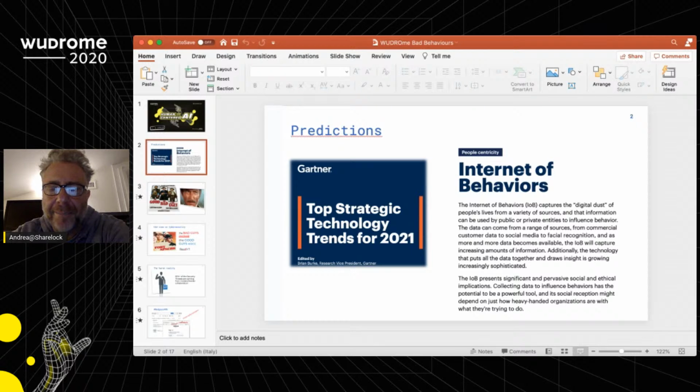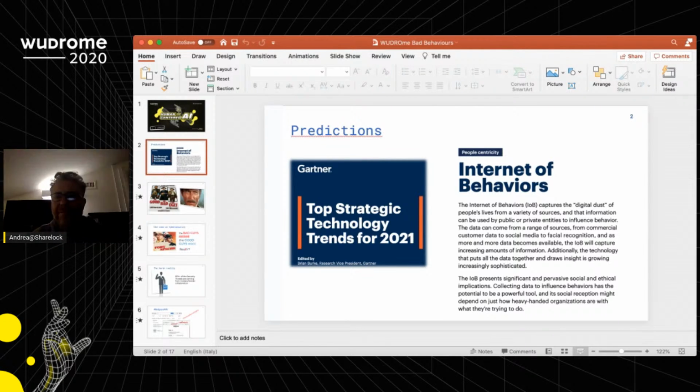Gartner has defined it in 2021, and I think even beyond that, it's going to be the Internet of Behaviors. And so in a way, what Felix and Emanuele explained on recommendation systems and stuff like that is, I mean, behavior or technology for detecting behaviors is going to be melted, infused into many technologies.